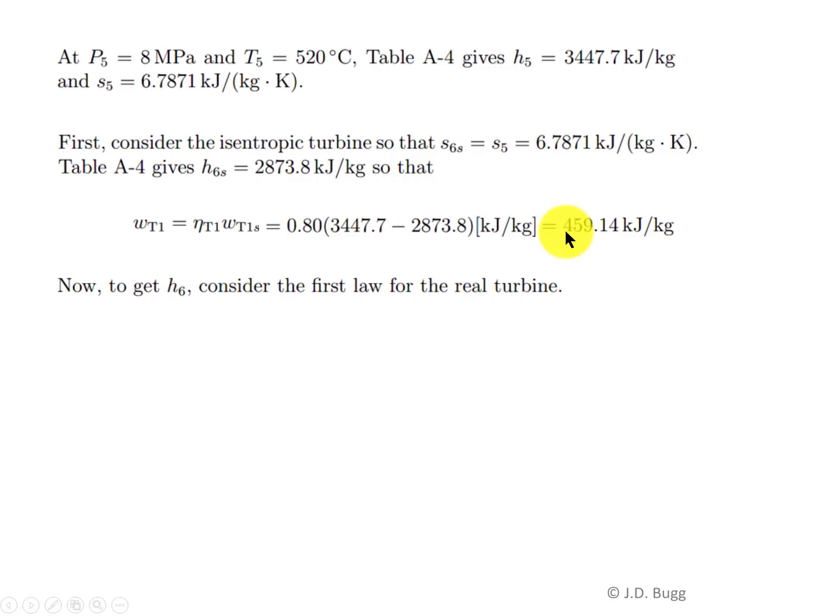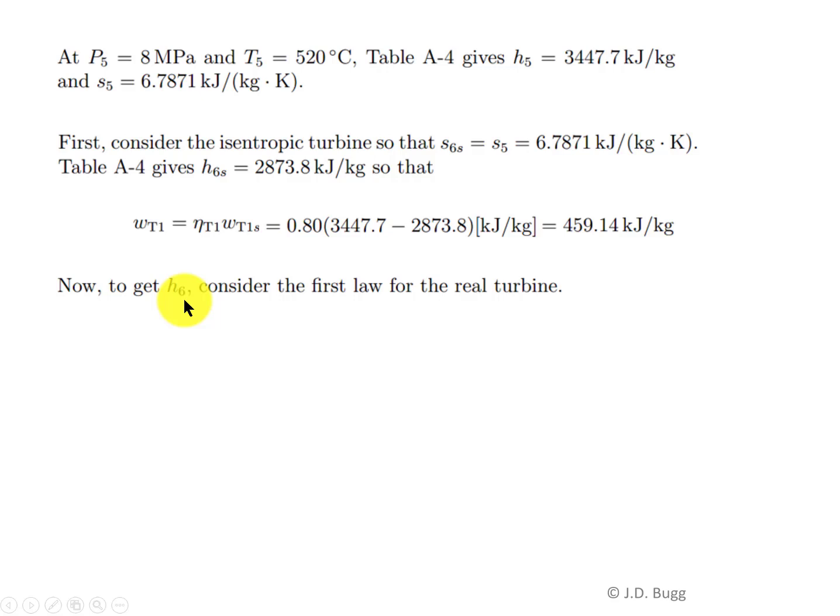Now before we leave that turbine, we have to find the value of H6. So this is the real enthalpy at the exit of the turbine. And we need that because we need to proceed on to looking at the next components. So notice we have a value for H6S, but that is not the real value of enthalpy at point 6. So we need to get the real value of H6.